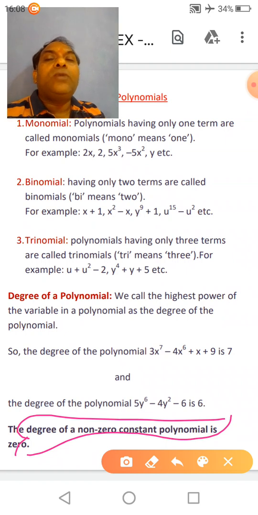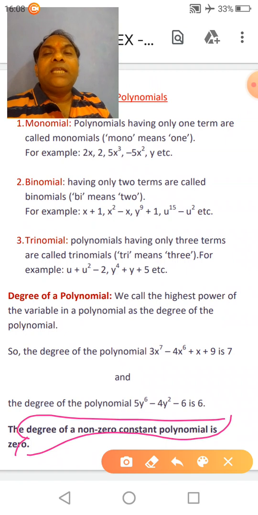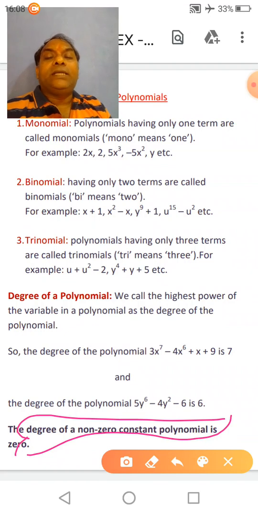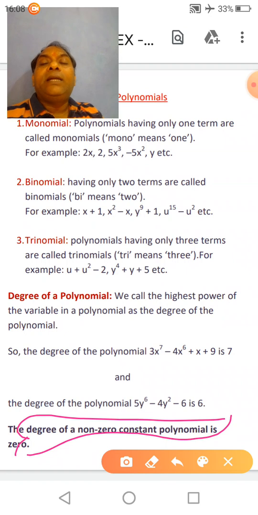So 2 is equal to 2 into x to the power 0 and here x is a variable, suppose. Clear? So the highest power of the variable is here 0. So the degree of the polynomial will be 0 in this case. So we can say that the degree of a non-zero constant polynomial is 0.